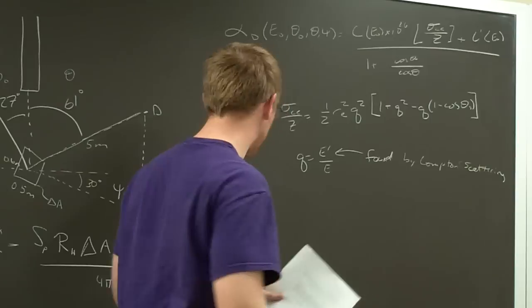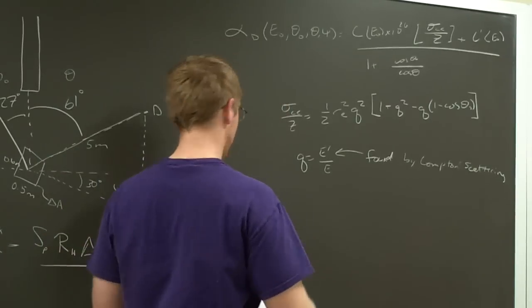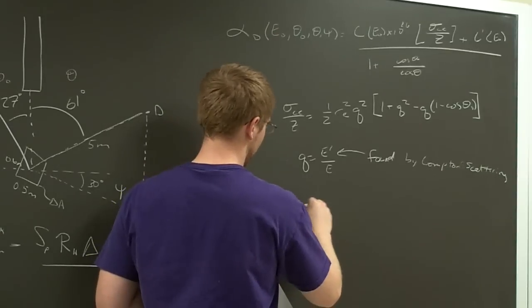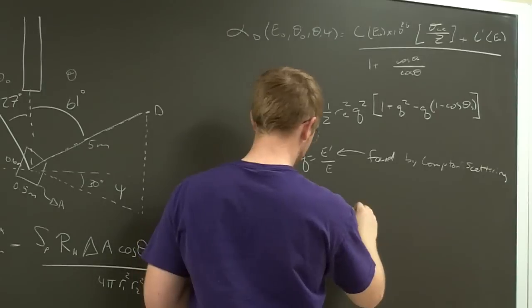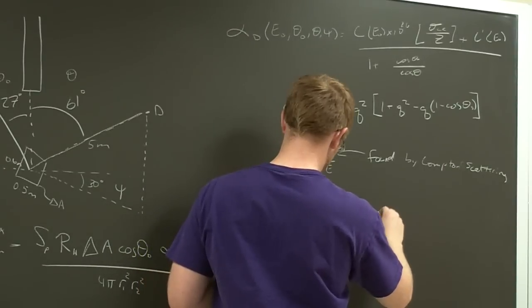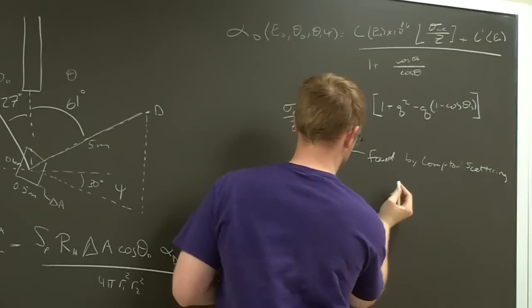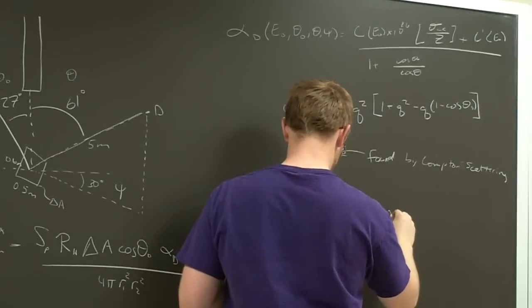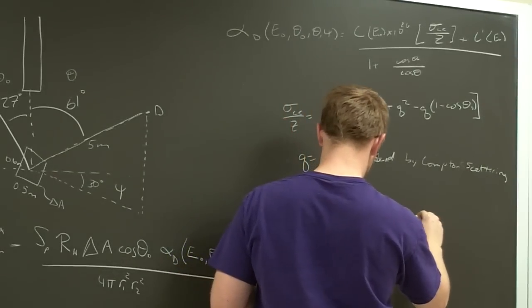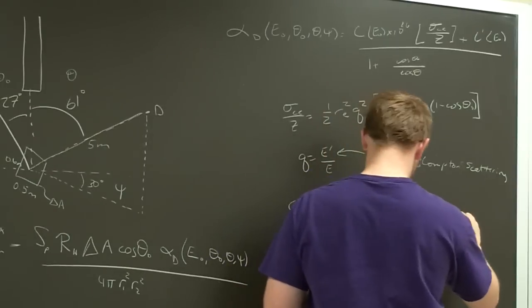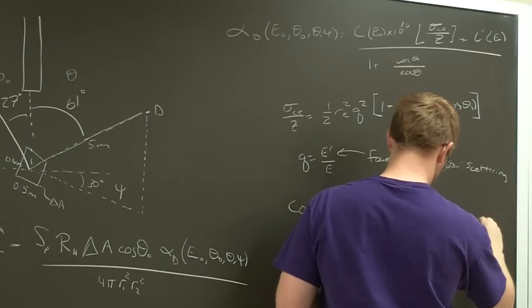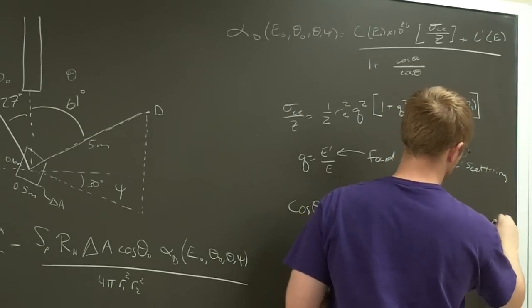And our scattering angle, we have to do some geometric manipulation here. Cosine theta s is going to be equal to sine theta naught sine theta cosine psi minus cosine theta naught cosine theta.